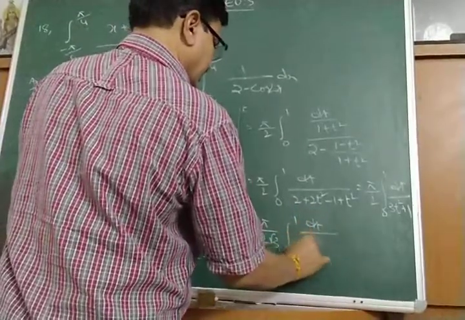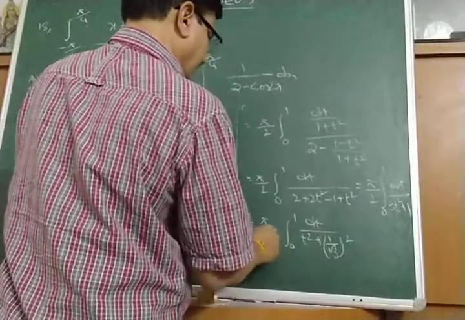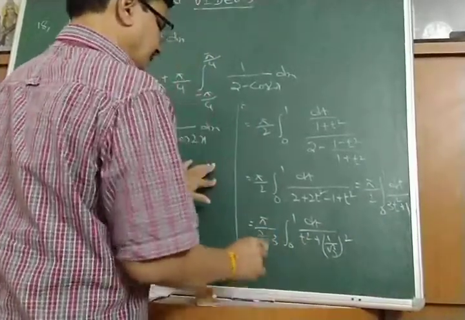That is pi by 2 into root 3 integral 0 to 1 of dt by t square plus 1 by root 3 whole square. No, it is not root 3, it is only 3.